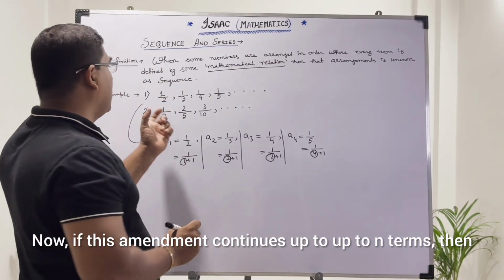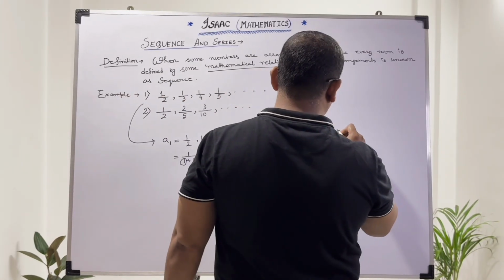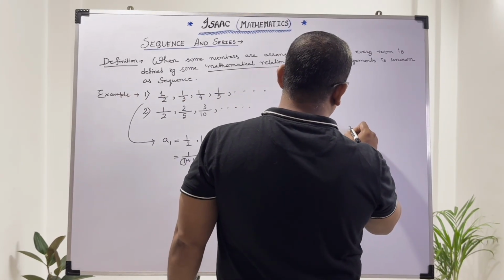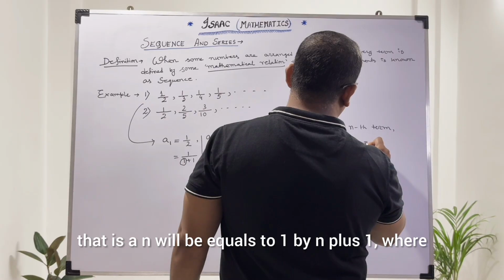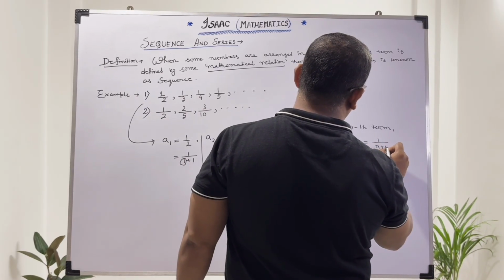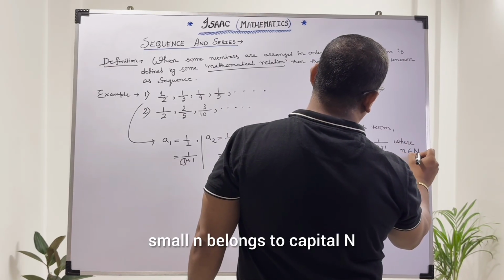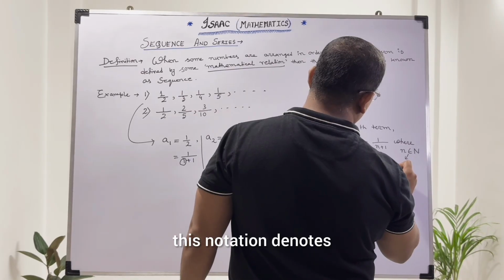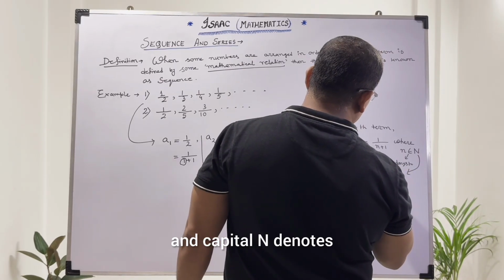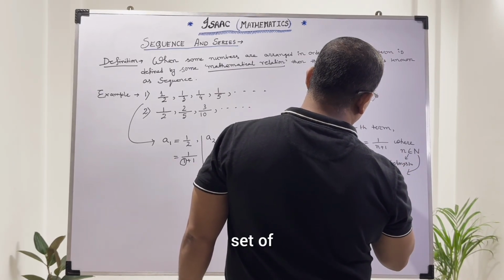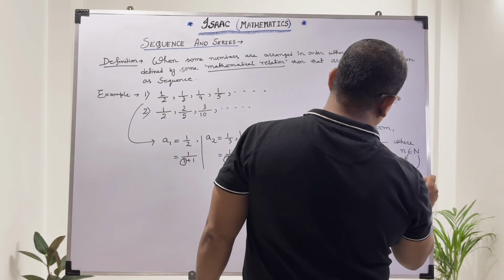Now, if this arrangement continues up to n terms, then the nth term, that is an, will be equal to 1/(n+1), where small n belongs to capital N. This notation denotes belongs to, and capital N denotes the set of natural numbers.